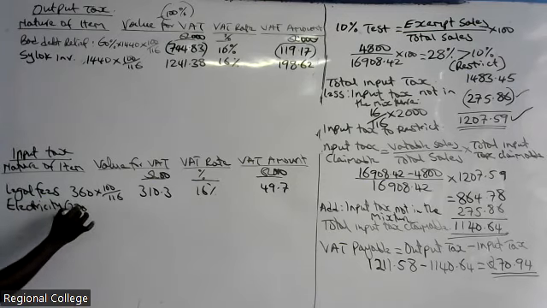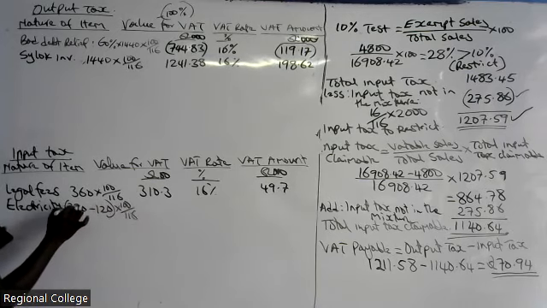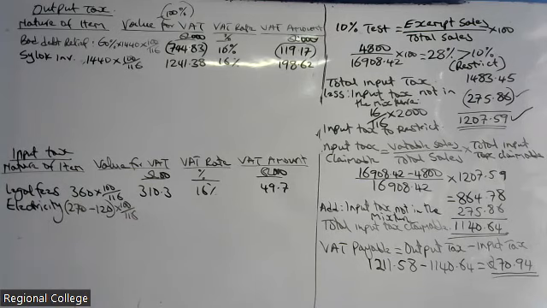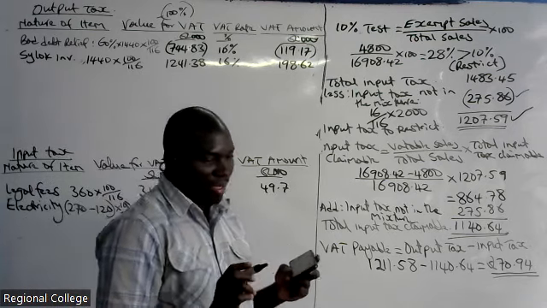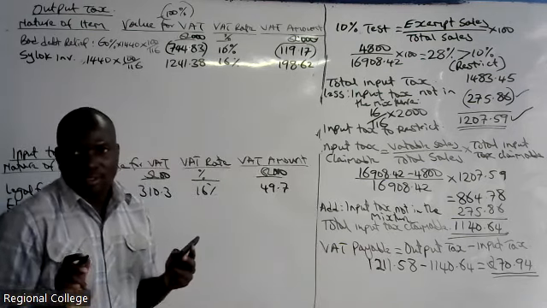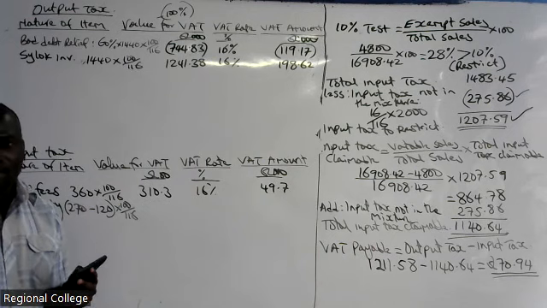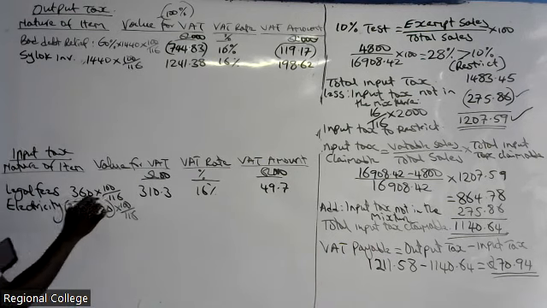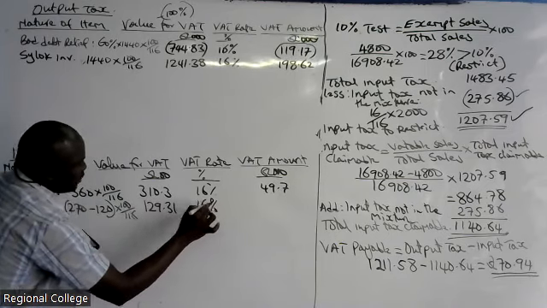So 270 minus 120, there is 100 over 116. So value for VAT: 9.31 times 0.16.